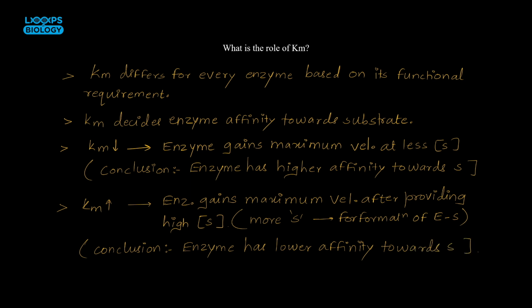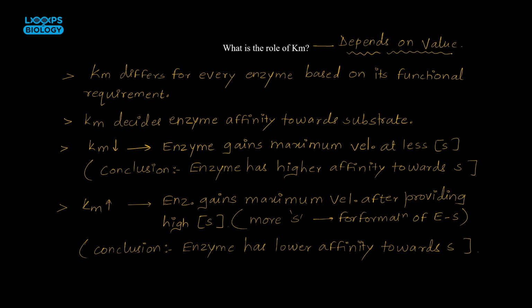So in this case, the affinity of enzyme towards substrate is very low. It is completely based on the value of Km. So the role of Km depends on the value for that particular enzyme.